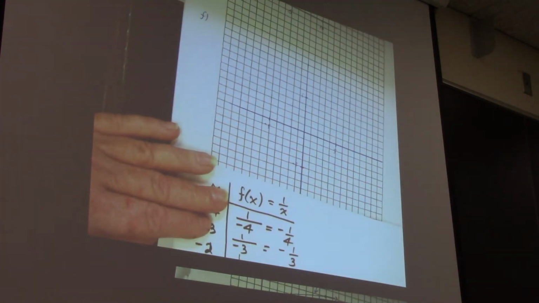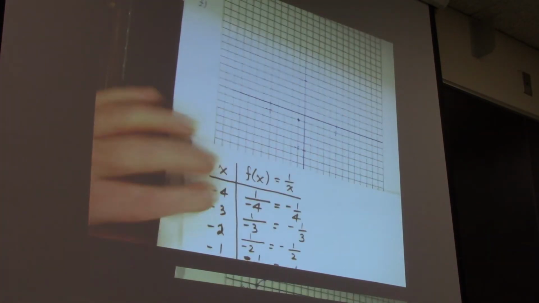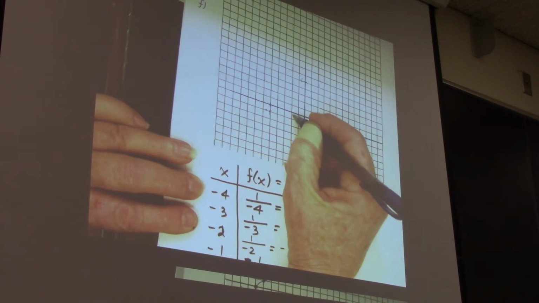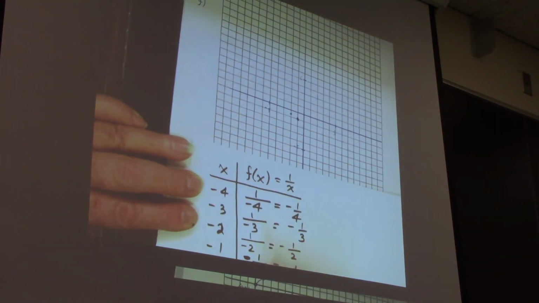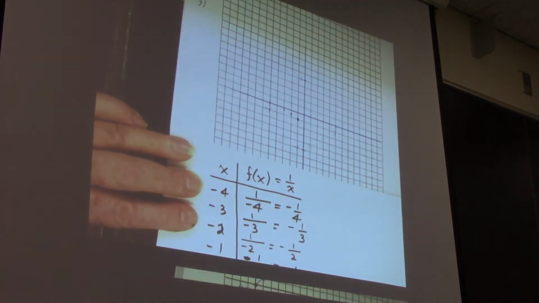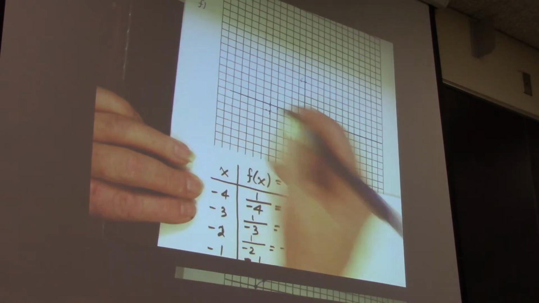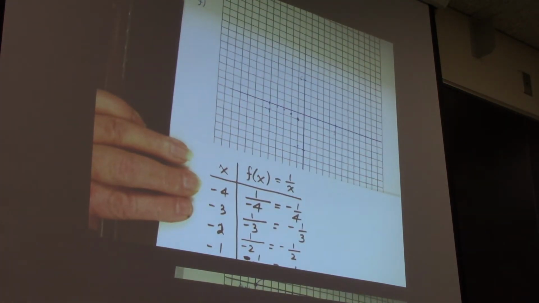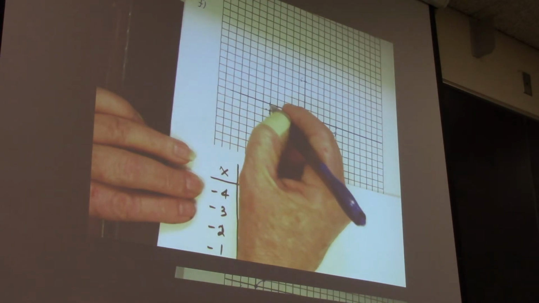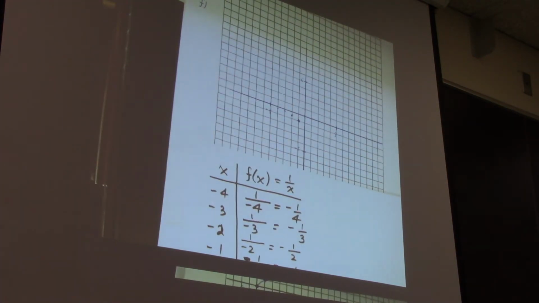I'll start with negative 1 comma negative 1. And then I have negative 2 comma negative 1/2. Negative 3 comma negative 1/3. Negative 4 comma negative 1/4. Negative 5 comma negative 1/5. Negative 6 comma negative 1/6.